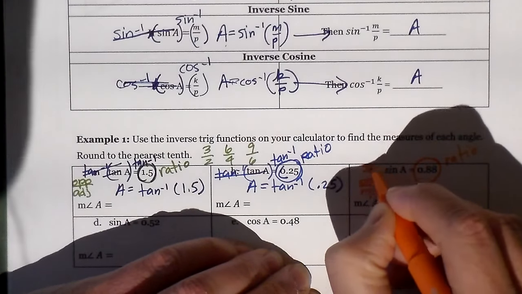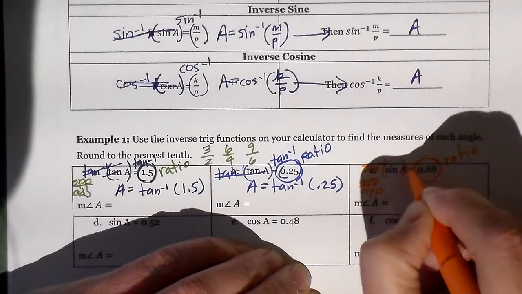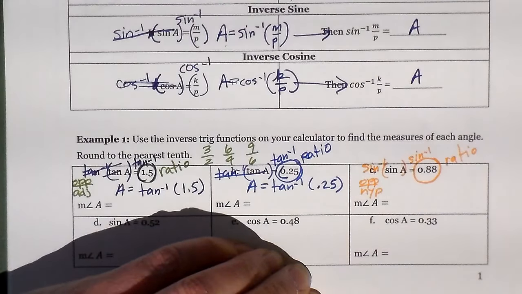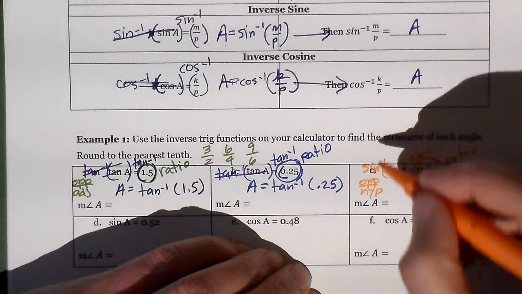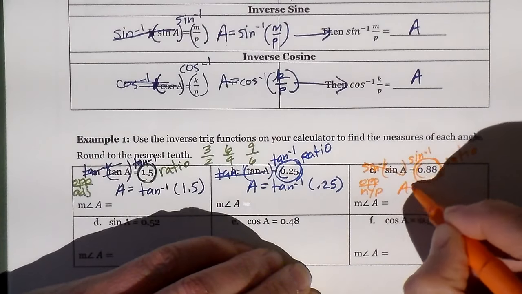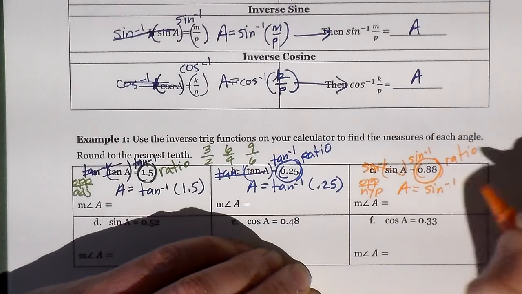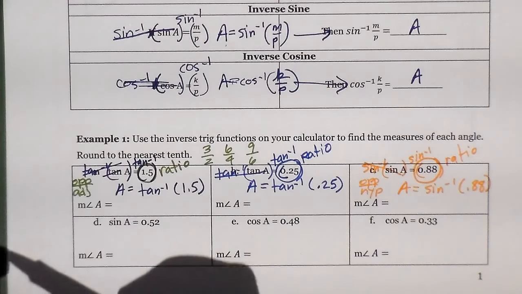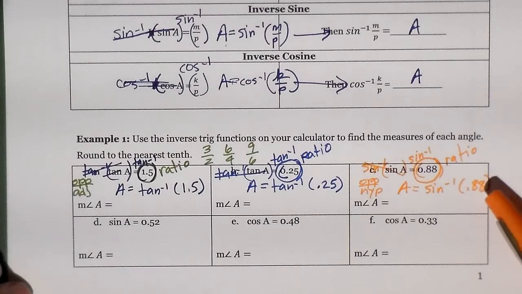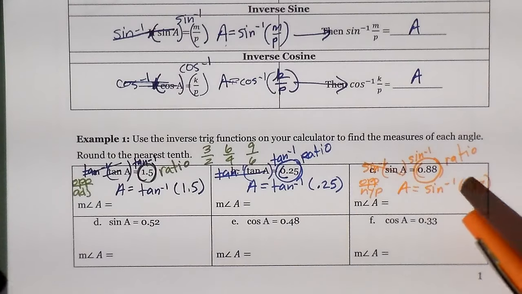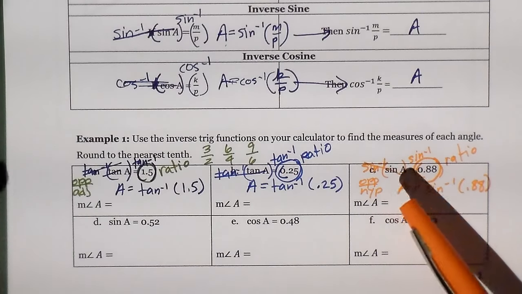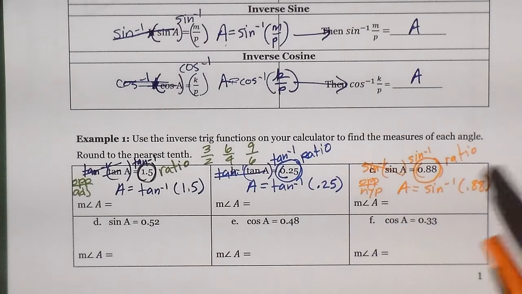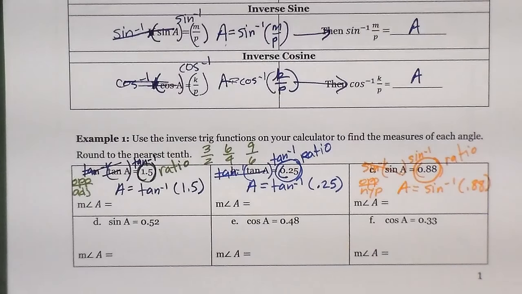So I'm going to inverse sine both sides. I'm going to take the inverse function, put your parentheses, that goes away. That leaves you with A equals the inverse sine of 0.88. Now hopefully you're getting the hang of this, okay? Any fraction or any relationship that gives you 0.88 will create an angle of A, whatever A is, in your right triangle. So that's all we're doing for each of these.